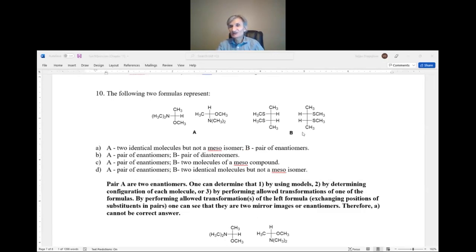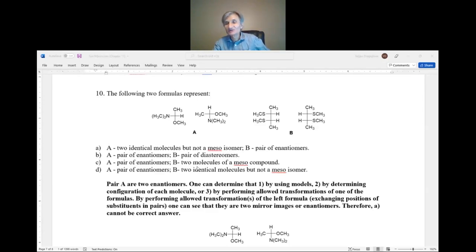And that's a meso compound because while they are identical, two mirror images are identical, there are individual chirality centers. Each compound has two chirality centers. And that's the definition of a meso compound: a compound that has chirality centers, but is not chiral itself. The overall molecule is not chiral, because chirality is a property of the entire molecule, not an individual atom. So C is correct.